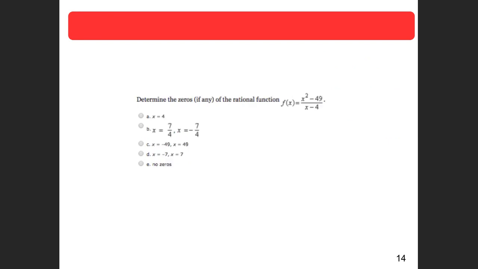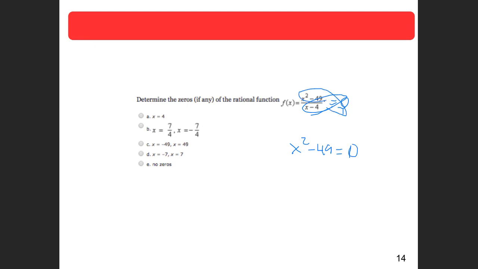Okay, determine the zeros, if any, of the rational functions. Well, what are zeros? Zeros are when you set the function equal to zero. It's the x-intercepts, right? So if I was going to solve this, I would just put this as 0 and cross multiply. You end up with x minus 4 times 0 is 0, and then x squared minus 49 is equal to 0.